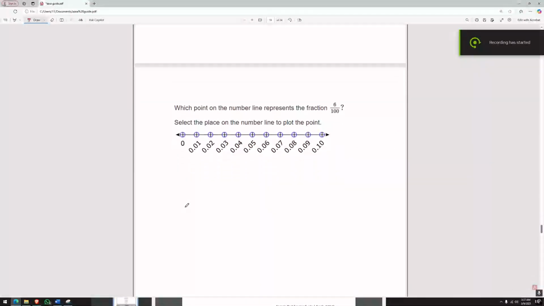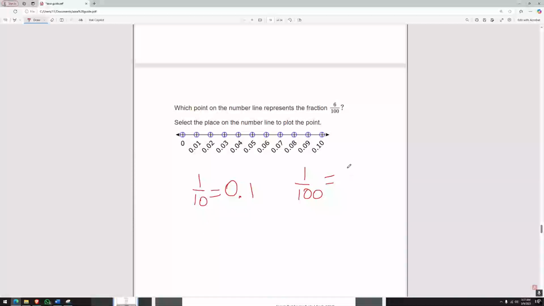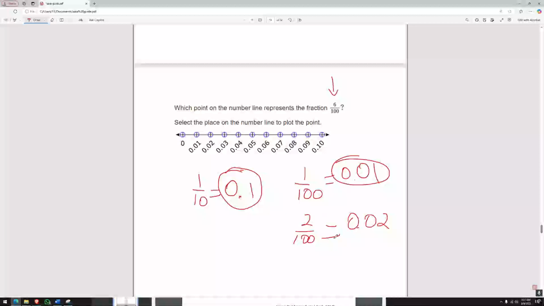Okay. First, I'm gonna remind you basically what you need to do. 1/10 equals to 0.1. 1 over 100 equals to 0.01. It's like a 10 backwards. 10 al revés. Este es 100 al revés. 100 backwards. So 1/100 equals to 0.01. Now we have to check the number line. 2 over 100, 0.02, is like a 200 backwards.